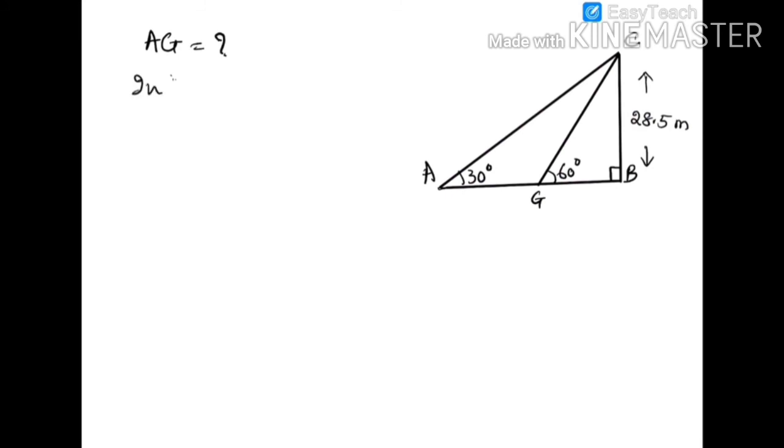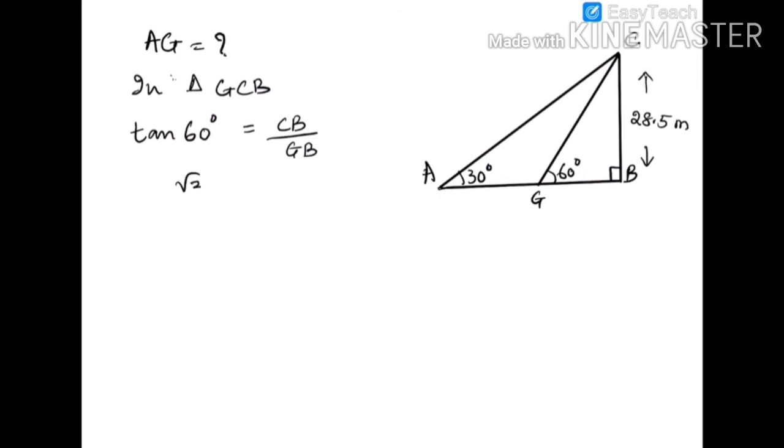So let's start with triangle GCB. We can form a ratio of CB and GB, where CB is opposite to 60 degrees and GB is adjacent to 60 degrees. So opposite upon adjacent is tan 60. So we are writing ratio tan 60 equal to CB upon GB.